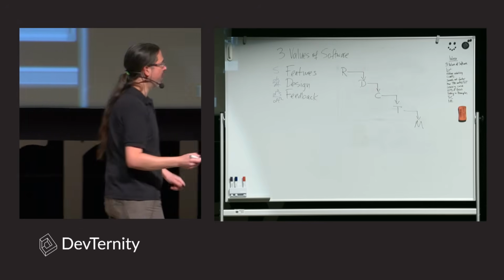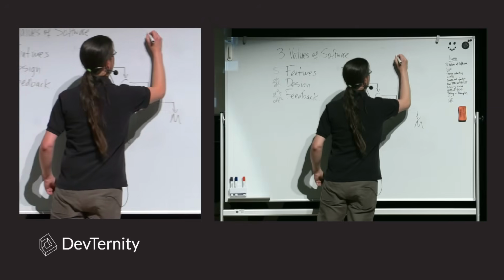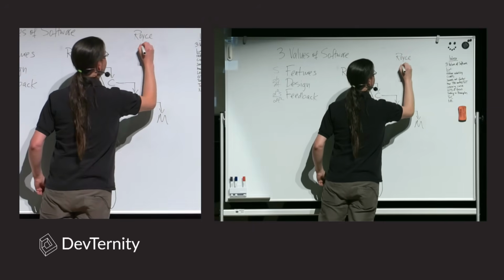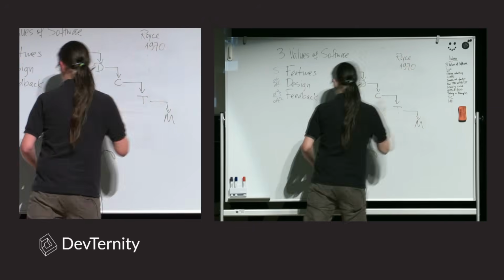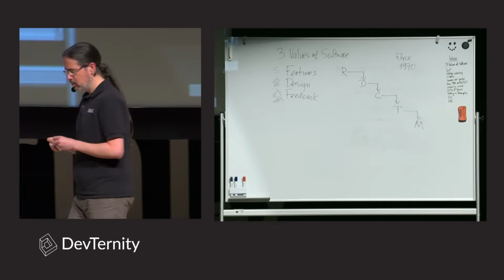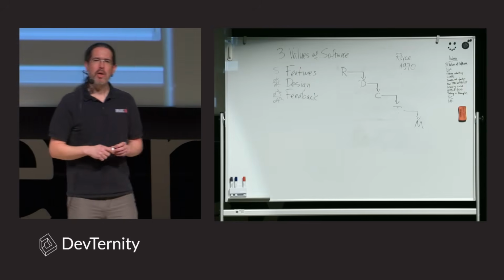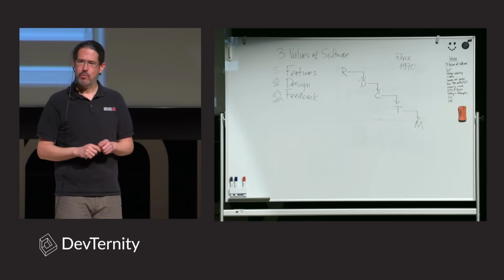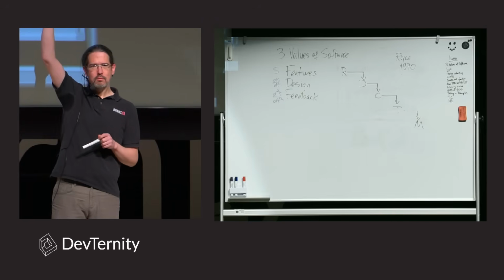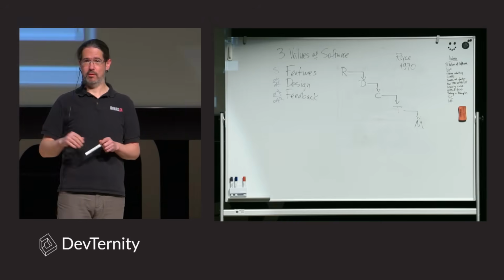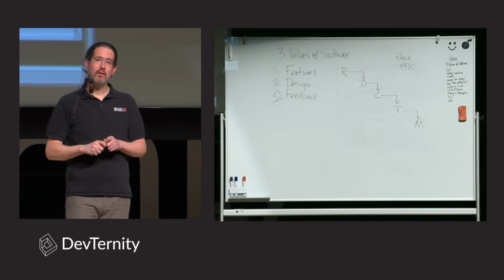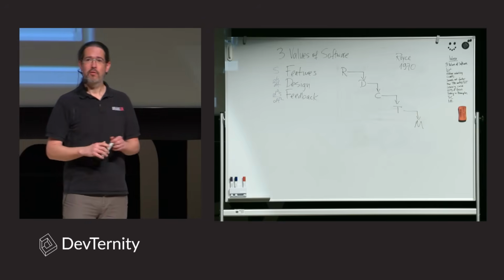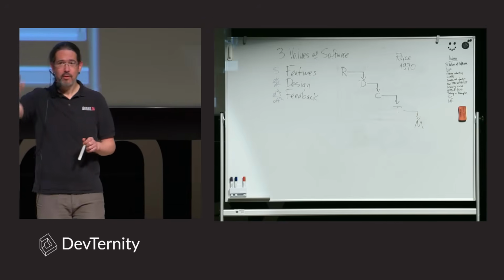Now, if you've actually read this paper by Winston Royce, in, I believe, 1970. That's what I keep saying, so I hope that's accurate. How many people here have actually read this paper? Okay, not a surprise. How many people here have seen the first paragraph of this paper?